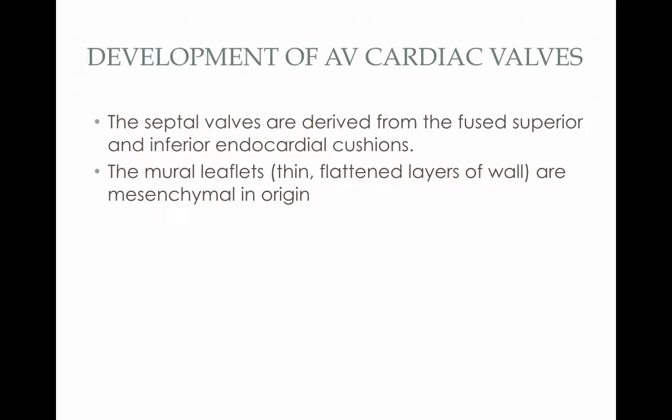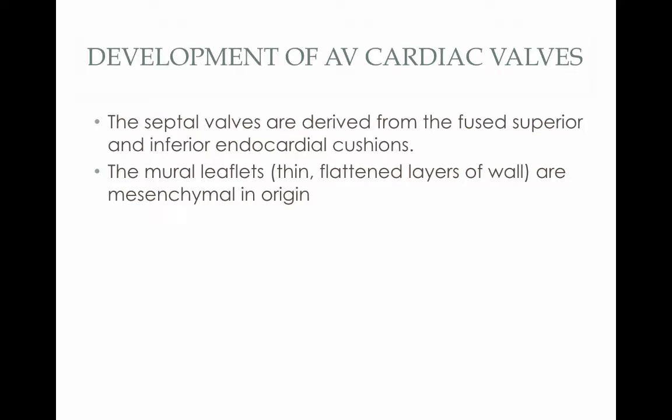So the septal valves of our atrioventricular cardiac valves are derived from the fusion of the superior and inferior endocardial cushions. And they form these mural leaflets. Mural leaflets are formed from these thin, flattened layers of the wall and are from mesenchymal cells in their origin.